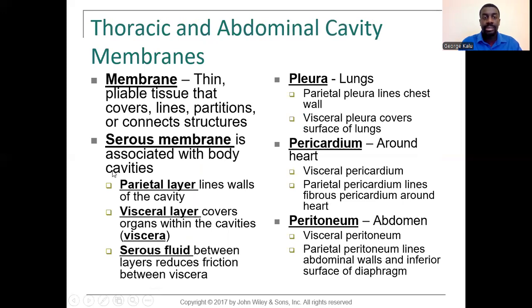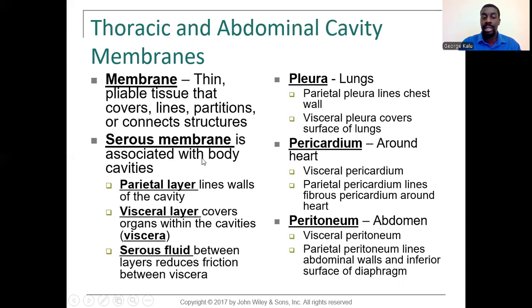Now, within the thoracic and abdominal cavities, we have membranes. These membranes are very thin, very flexible, pliable tissues that cover and line and separate or even connect different structures together. One of the most important membranes is called the serous membrane.